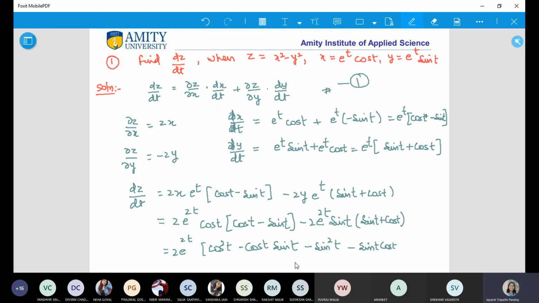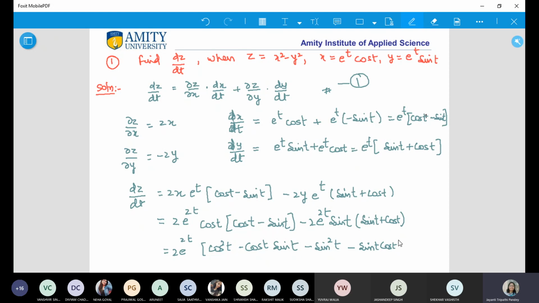No, beta, you are not. Ma'am, in place of x, we have e to the power t cos t, and 2x e to the power t. That's why you have 2e to the power 2t. See, you put this. This is minus 2y. So you put it like this. dy by dt is positive, so you put it in positive.